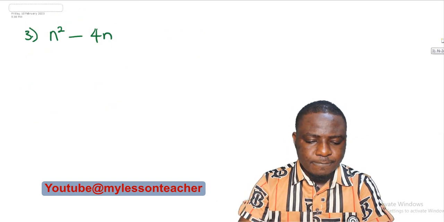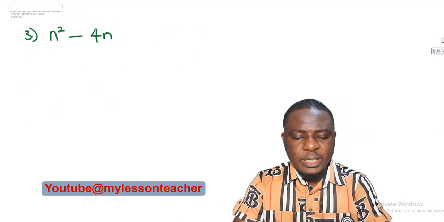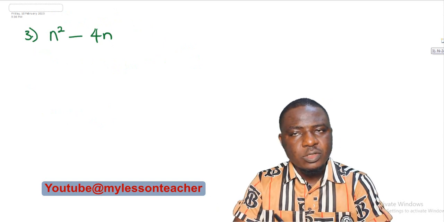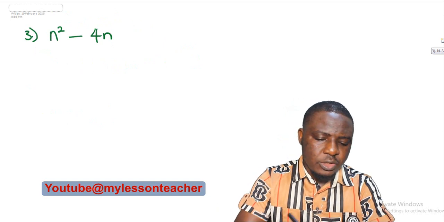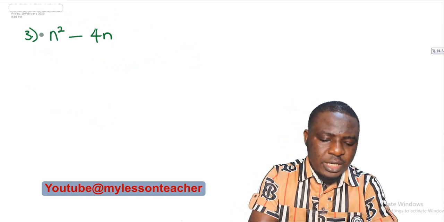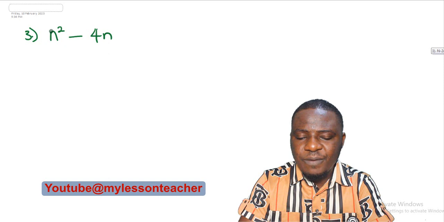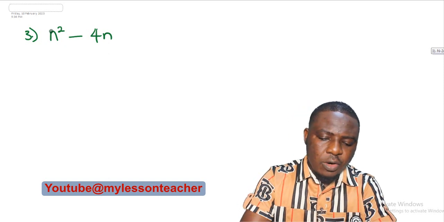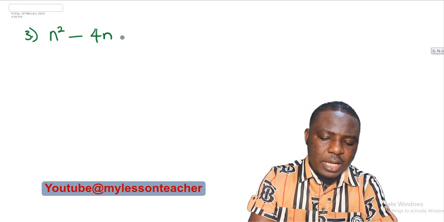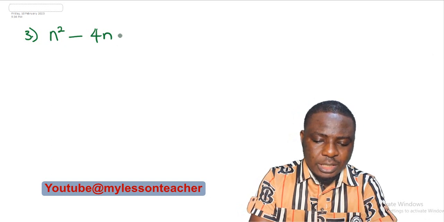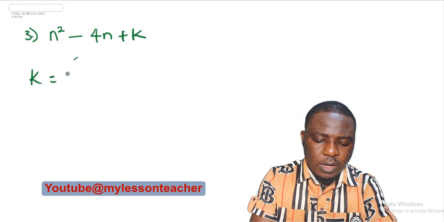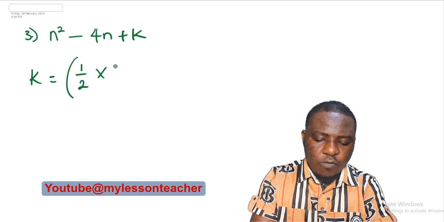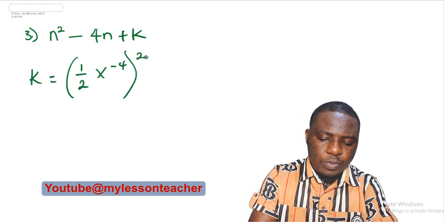Question 3. We have n squared minus 4n. So I'll go back to method 1 and use method 1 in solving this. So this becomes, we said, let the first term be a perfect square, then k, which will be the third term, is said to be equal to the square of half of minus 4.